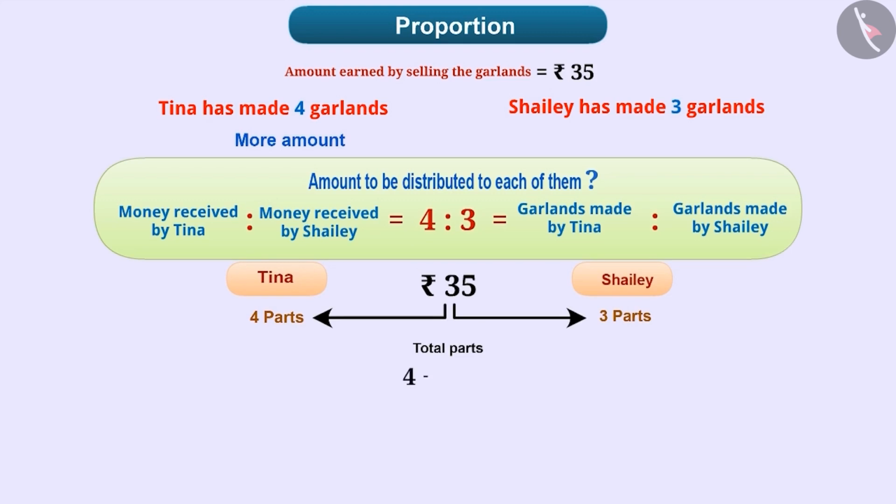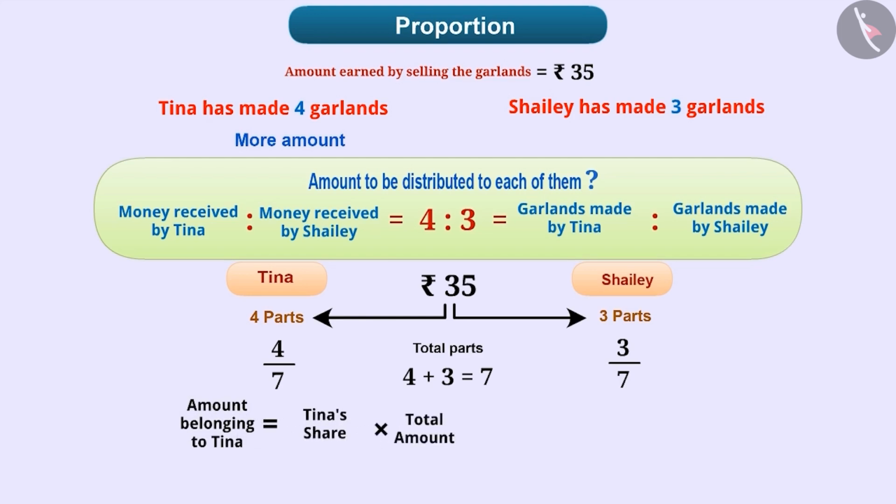Therefore, the total number of parts divided is 4 plus 3, which is equal to 7. Thus, in total 35 rupees, 4 by 7 parts belong to Tina and 3 by 7 parts belong to Shelley. So Tina gets her share of the total amount, which is equal to 4 by 7 into 35, which is equal to 140 by 7, which is equal to 20 rupees.